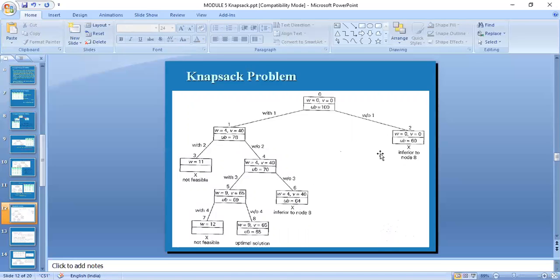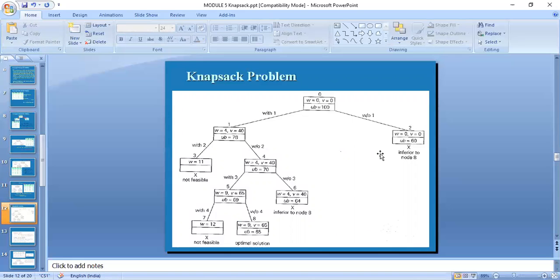But you are going to generate further only for the most promising nodes. Still, at any particular level, you need to compare it with the promising nodes' values. The non-promising nodes, you just discard.